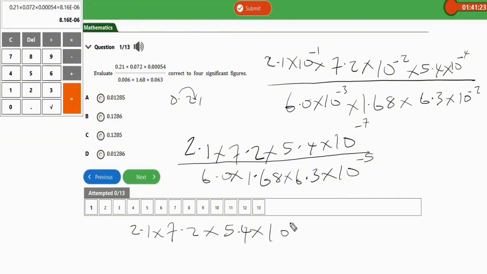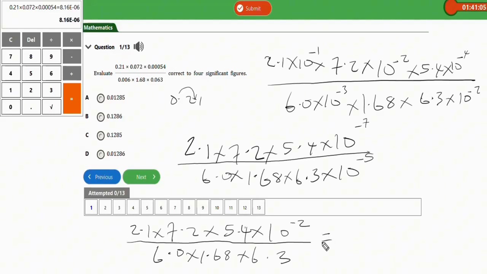Minus times minus is plus, so it's going to be minus 7 plus 5, which gives us minus 2, over 6.0 times 1.68 times 6.3.